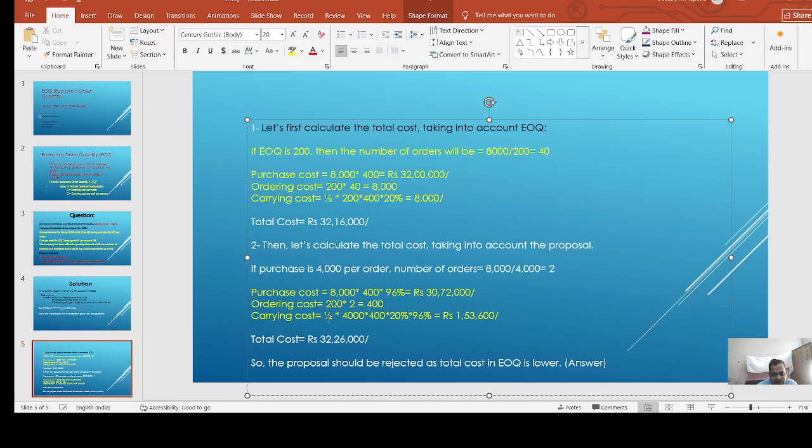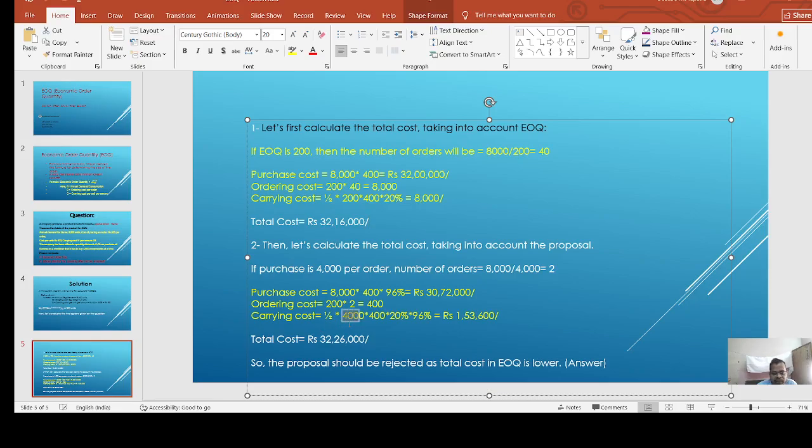Carrying cost is half into 4,000. At the EOQ level, the company was purchasing only 200 units per order. Here, as per the supplier's proposal, it is 4,000.